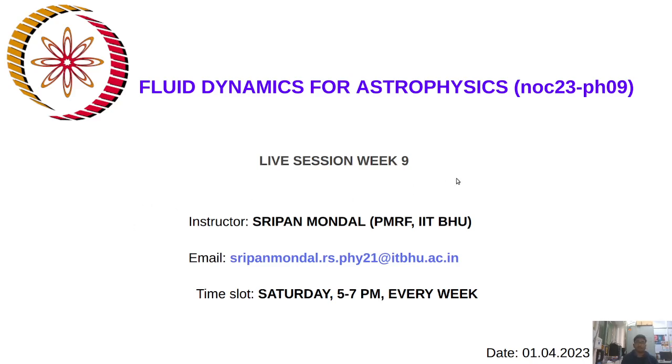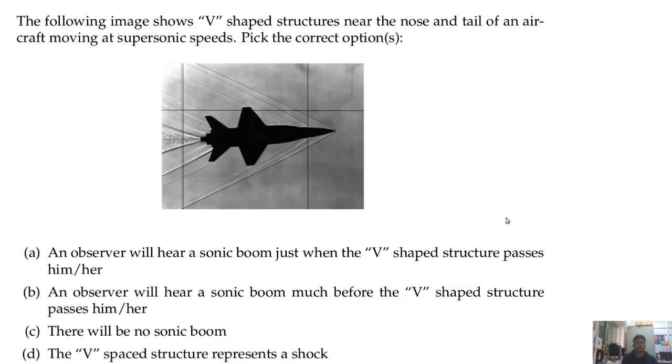So let us start with our first question. As you see, this is a pattern like an aeroplane, right? The following image shows a V-shaped structure near the nose and tail of an aircraft moving at supersonic speeds.